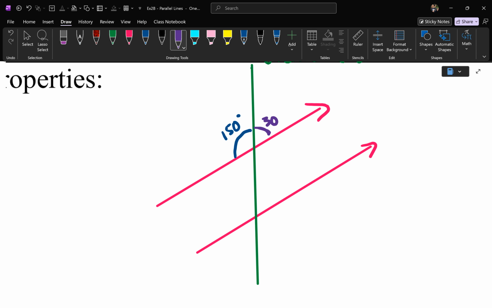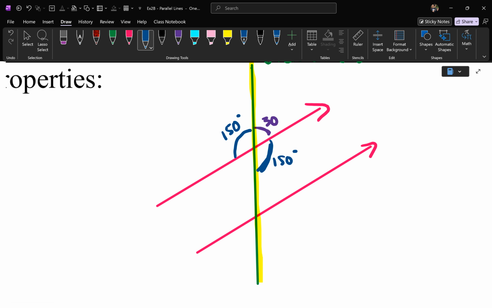And this is where you can see the vertically opposite coming about. See, if this is 30, then the same thing again. This green line is also a straight line. That means this angle over here, 30 plus this angle, has to add up to 180 as well. Which is why that's 150. And these 2 is what we call vertically opposite.